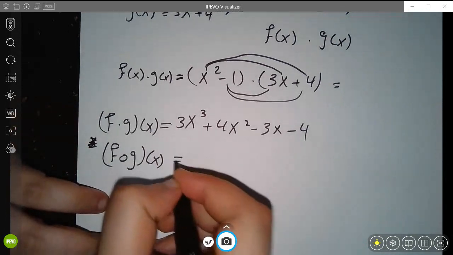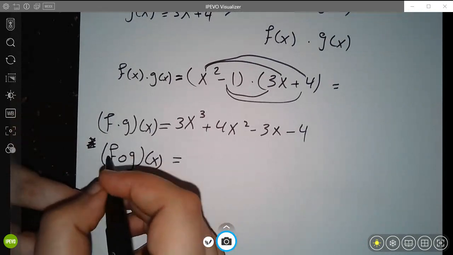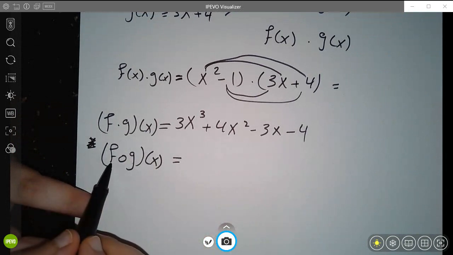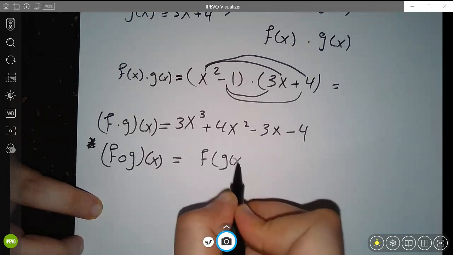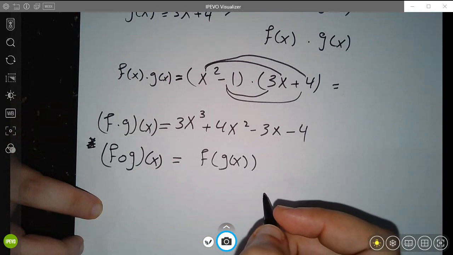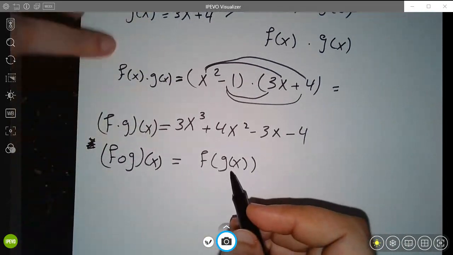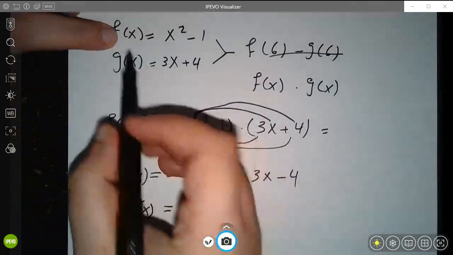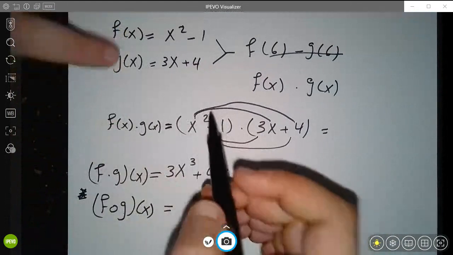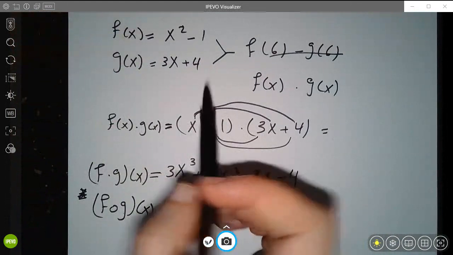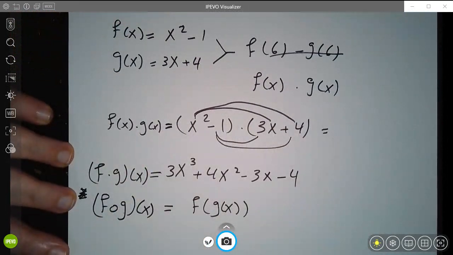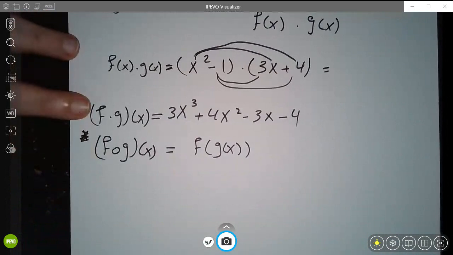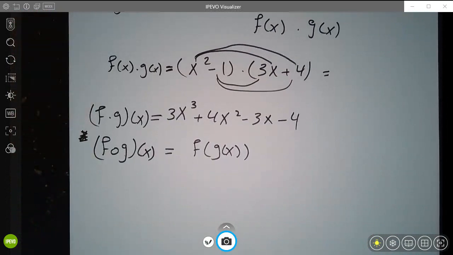This one right here means that g is inside of f. The first one we write, the one on the far left, is usually the one on the outside. So it's f of g of x. Instead of x in f of x, I'm having you place g of x, the entire function, in here. That's what f of g is. This is a composition, that's a multiplication. Students confuse these two a lot.